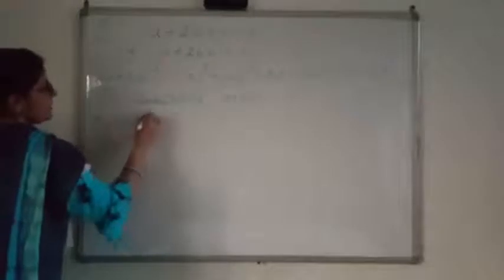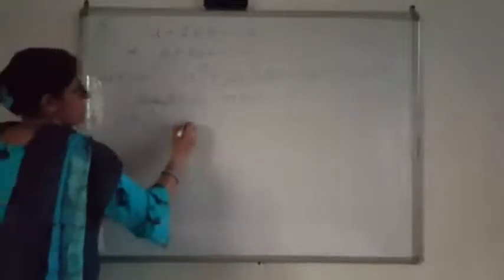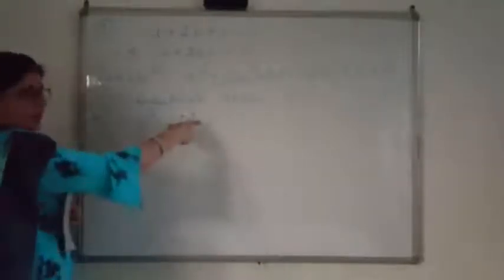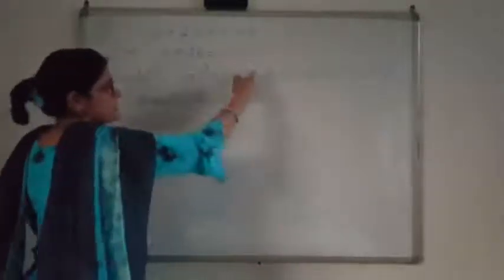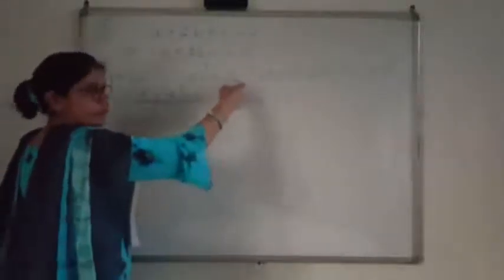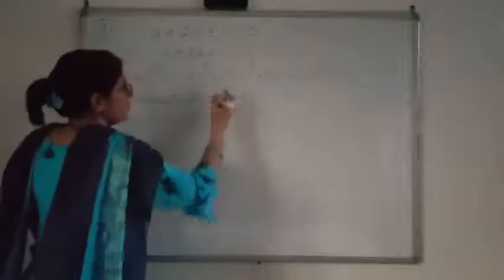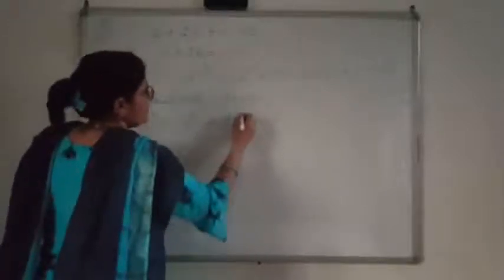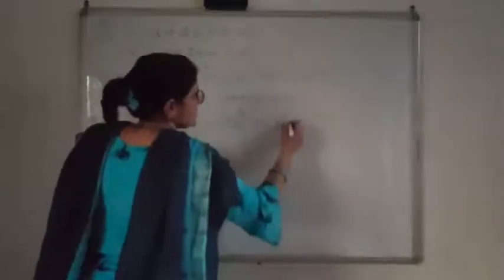So what we will get? Cube of minus c equals a raised to the power 3 plus cube of 2, which is 8, b raised to the power 3 plus 3 into 2, which is 6ab. What is the value of a plus 2b? Minus c.